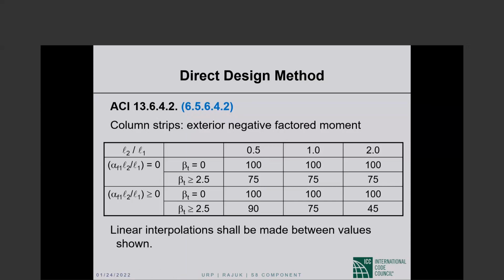So for the exterior negative factored moment, if there is no column line beam, alpha sub f1 is 0, and beta sub t, which I have not explained yet, I will. If beta sub t equals 0, that means there is no torsional member, there is no edge beam. Then 100% of the exterior negative factored moment goes to the column strip.